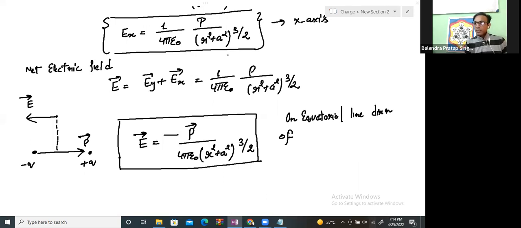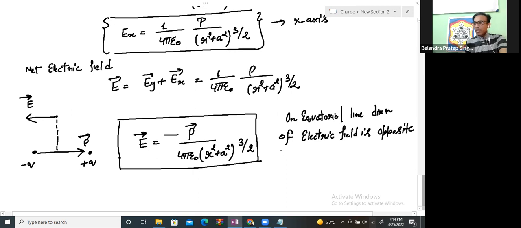I'm writing the statement: on the equatorial line, the direction of the electric field is opposite to the electric dipole moment.